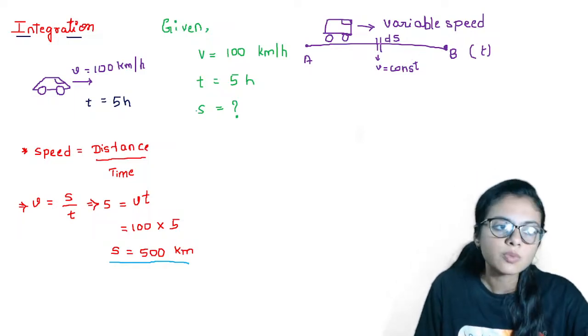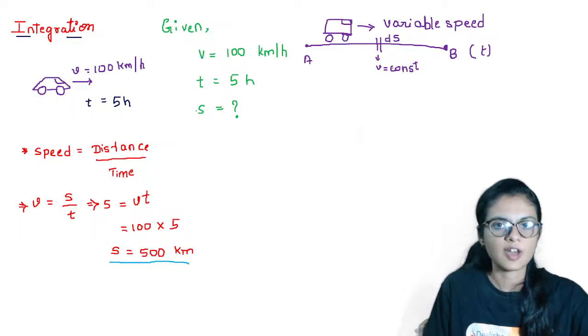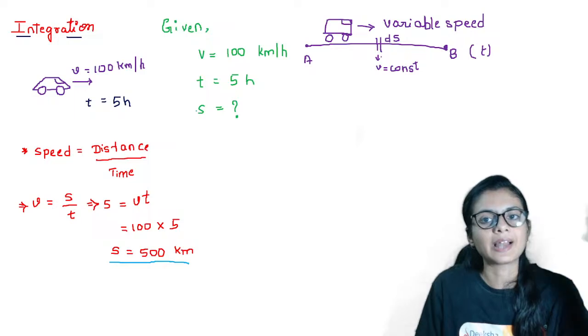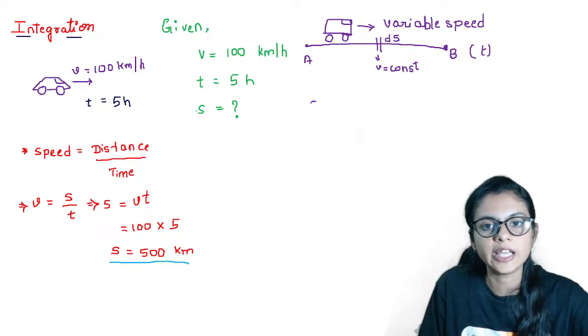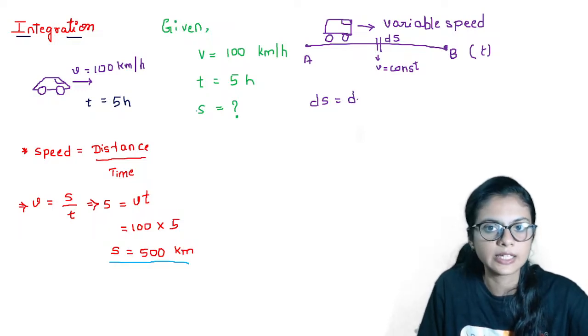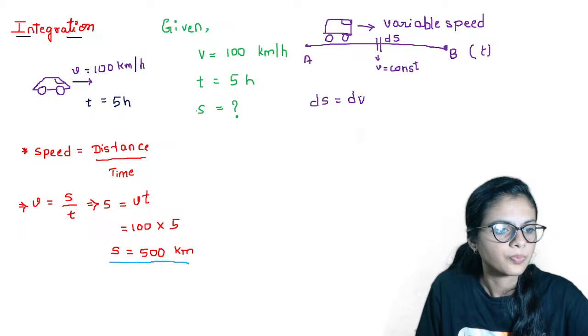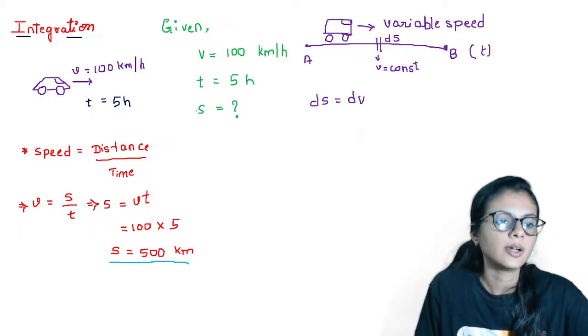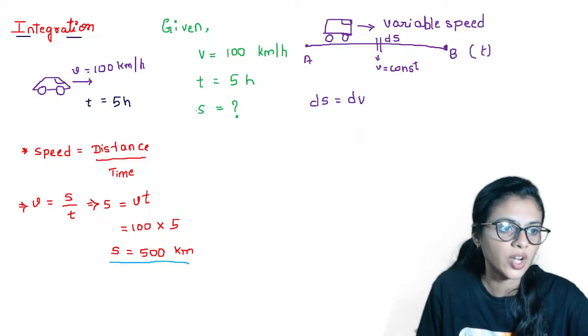So in this small distance, the velocity is constant. Fine. So now I can calculate the small distance ds just by multiplying with the small velocity, let me call it as dv. Let's concentrate here.